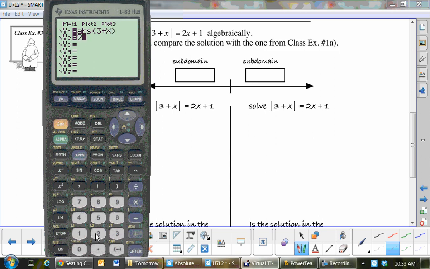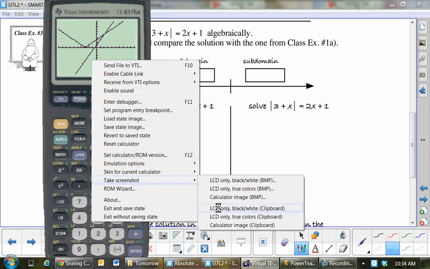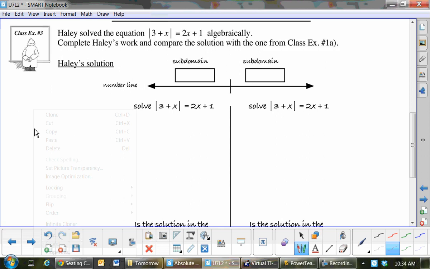And this is 2x plus 1. And hit graph. Okay, just draw it quickly.